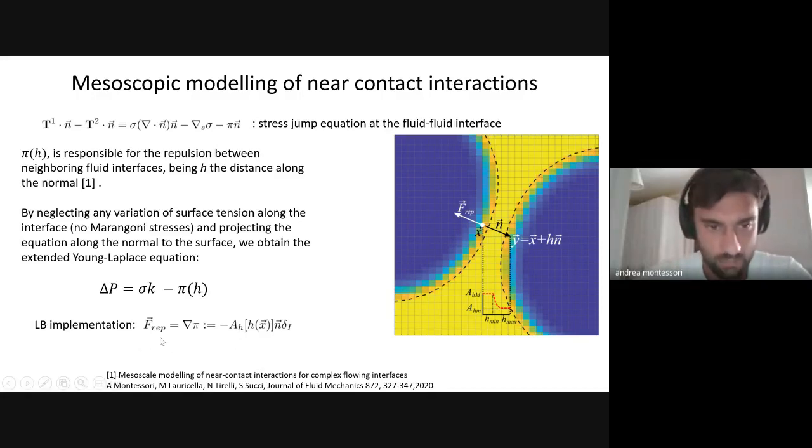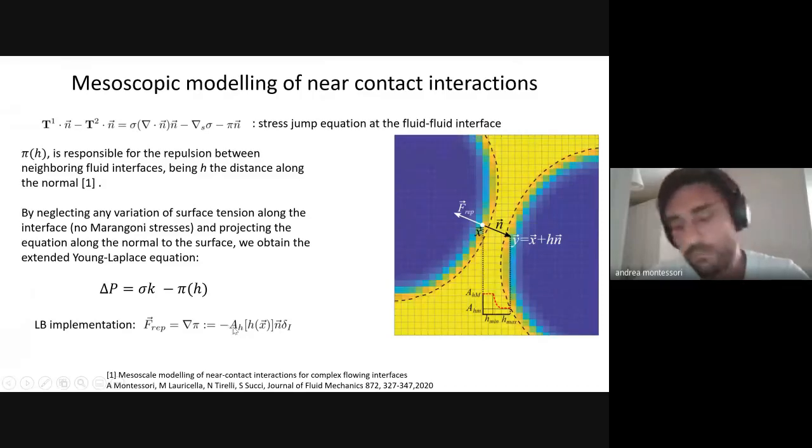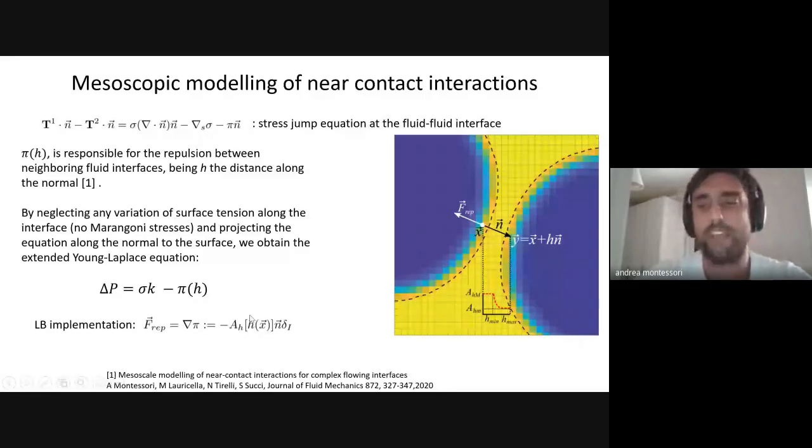Basically, this repulsive force is proportional to this parameter A, which depends on the implementation. It can be a function of the distance between two interfaces, which controls the magnitude of the repulsive interaction. So in some sense, you can tune the magnitude of the repulsive force with respect, for example, to the attractive forces, which are due to the effect of the surface tension.